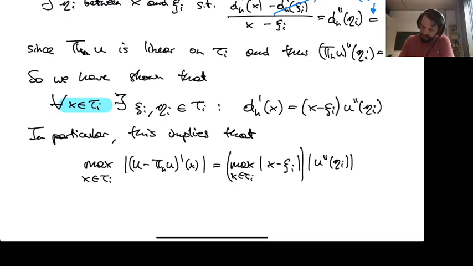And so this thing is less than or equal to the mesh size because both points are in the interval tau I.